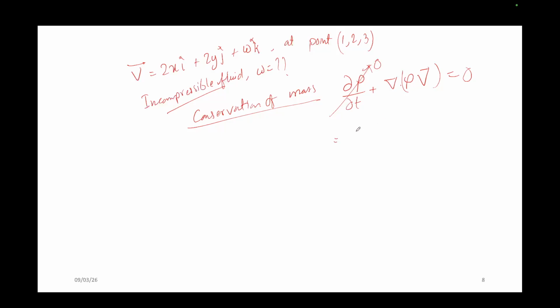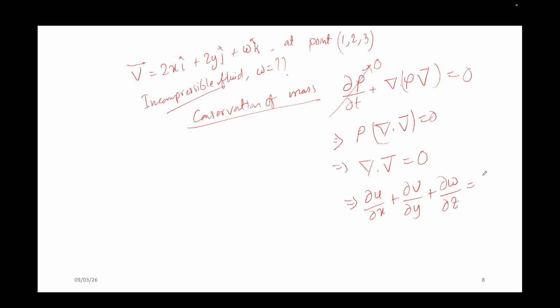Also rho is a constant, so rho will come out. That means the divergence of v: du/dx plus dv/dy plus dw/dz is equal to 0. Okay, sorry, it means 2wz.